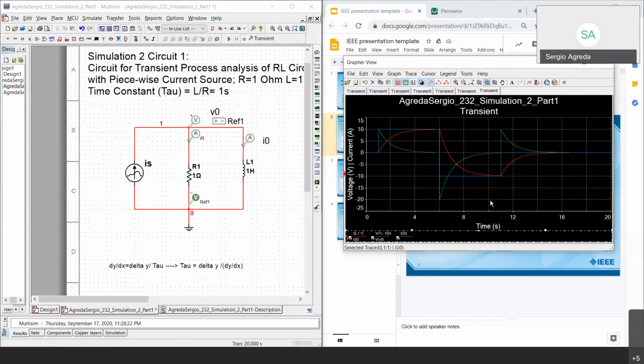Well, I think that's mainly what I could really show you guys for this simulation assignment. Since you guys are still learning different RL, RC, and RLC circuits, you can see how the behaviors change.